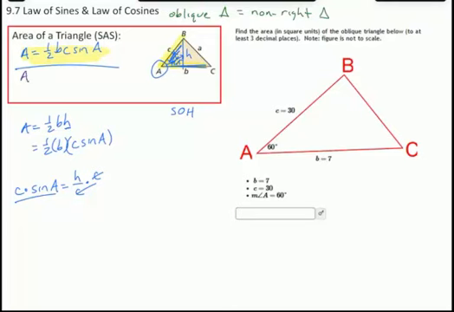If you were given sides A and C and angle B as your SAS pattern, then you would take 1/2 times the product of the given sides A and C times the sine of the angle between them, which is angle B. And the last possible combination is if you were given sides A and B and angle C, the included angle there, you could take 1/2 times the product of those given sides, A and B, times the sine of the angle between them, which would be C.